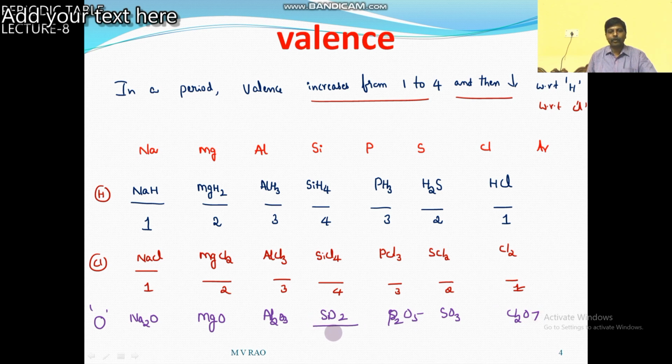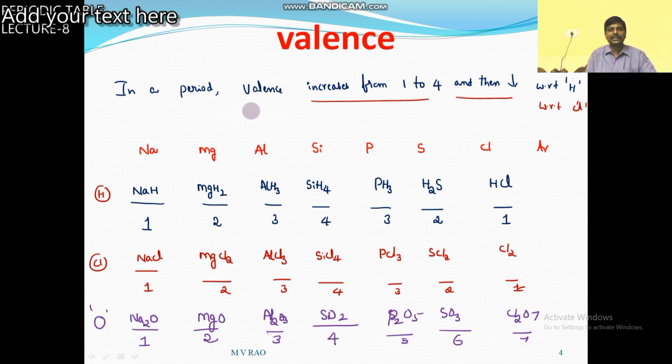Here SiO2, double the number of oxygens, 4; SO3, double the number, 6; MgO, double the number, 2; 1 O, double, 2, so for 2 sodiums 2, for 1 sodium 1; here 3, here 5, here 7.